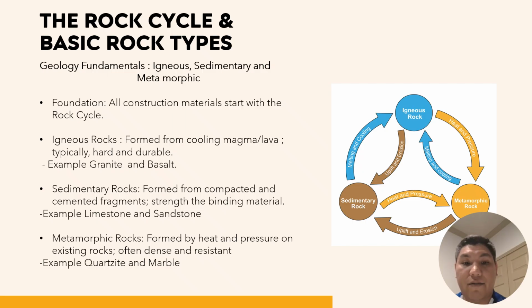Sedimentary rocks form from compacted and cemented fragments, strong building materials, for example limestone and sandstone. Metamorphic rocks are formed by heat and pressure on existing rocks, often dense and resistant, for example quartzite and marble.